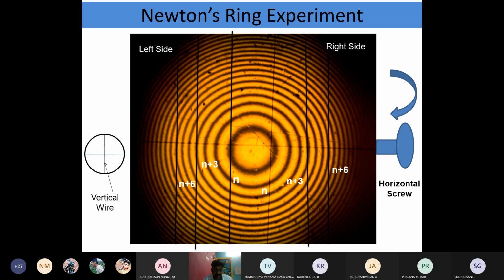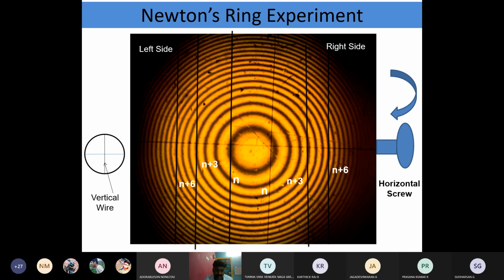Then after getting the value for n plus 3, with the help of the horizontal screw, again move the eyepiece section. Fix the vertical wire at n plus 6. So this is the experimental procedure. We move the horizontal screw and make the vertical wire move, and the vertical wire is fixed at the desired point. n plus 3, n plus 6.